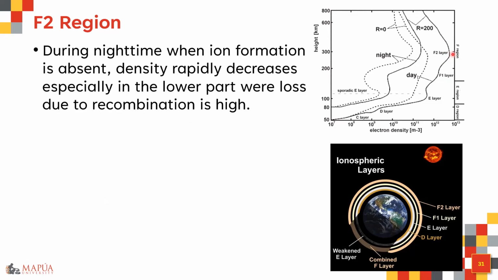And then during nighttime, when ion formation is absent due to the absence of an energy source, the electron density, or the ion density, decreases rapidly, especially in the lower part, because of losses in ion concentration due to recombination.